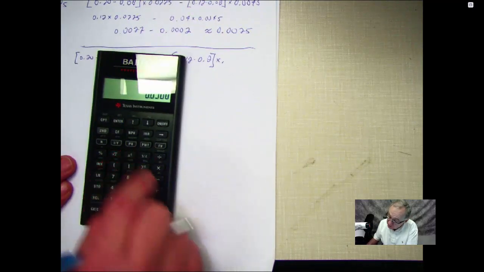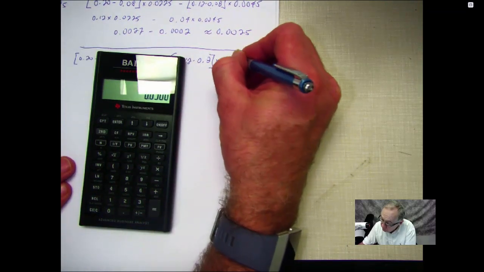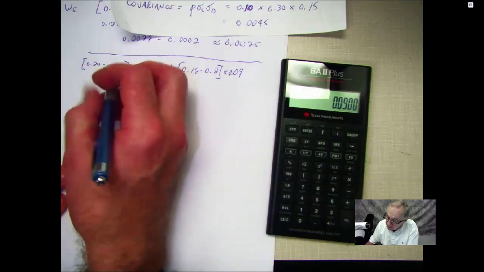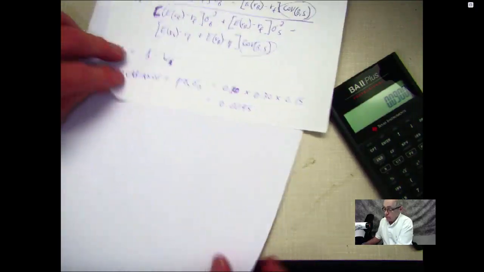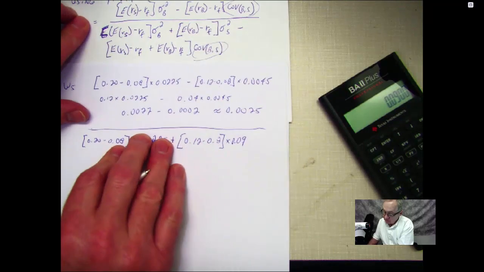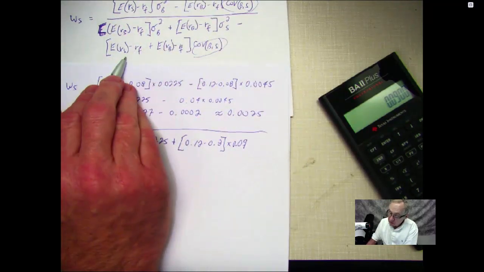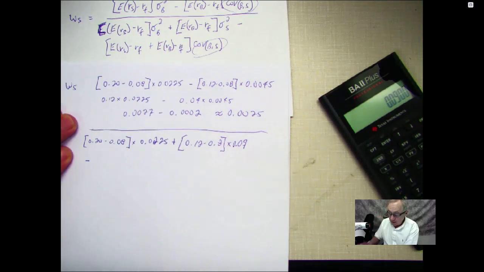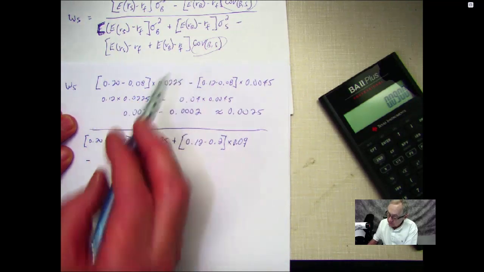So 0.3 squared is 0.09. And then minus excess return for stocks plus excess return for bonds times covariance.